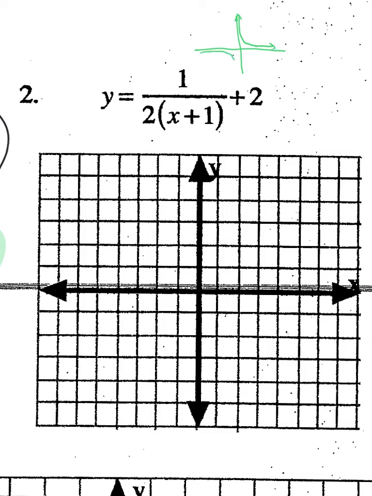If I were to graph the function y equals 1 over x, I would have a vertical asymptote where x is equal to 0, and a horizontal one along the x-axis as well. So what's happened here is I've got a horizontal compression of a half, and a shift of 1 unit to the left and 2 units up.